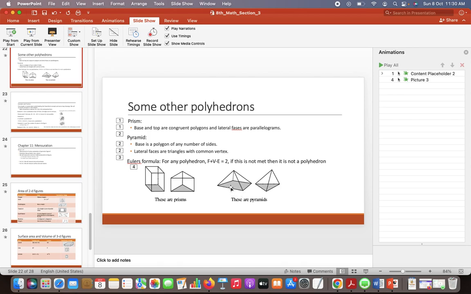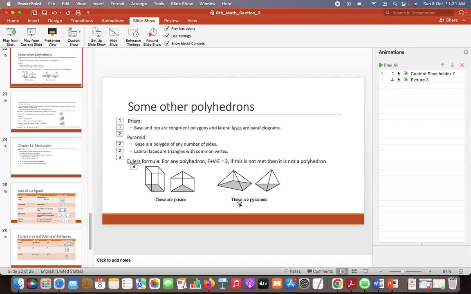If this is the pyramid with an n-sided polygon, how many faces are there? Faces are going to be n for the n-sided polygon, plus the base 1, so n plus 1 faces. Vertices: the n-sided polygon has n vertices, plus 1, so n plus 1 vertices.